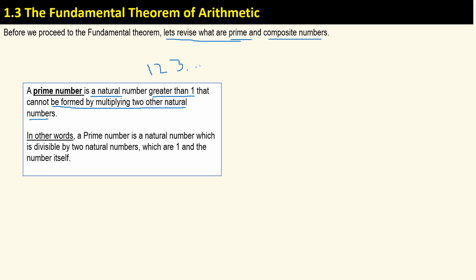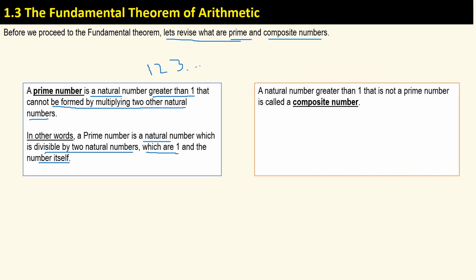In other words, a prime number is a natural number which is divisible by two natural numbers, and those two natural numbers are 1 and the number itself. The point to note here is that it is divisible by only and exactly two numbers, and those two numbers are 1 and the number itself.